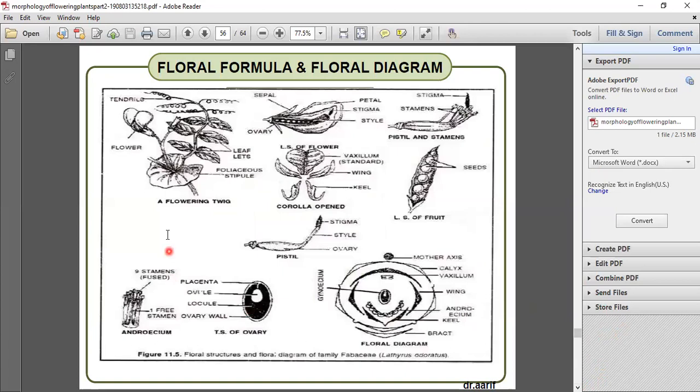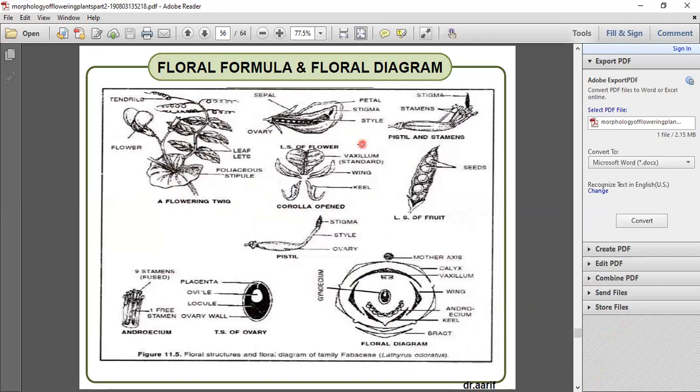So you can see this is the flowering tip of a pea plant. This part is known as stipule. These are the leaves. What type of phyllotaxy does it have? Alternate or opposite? Opposite. So you can see tendrils are there.